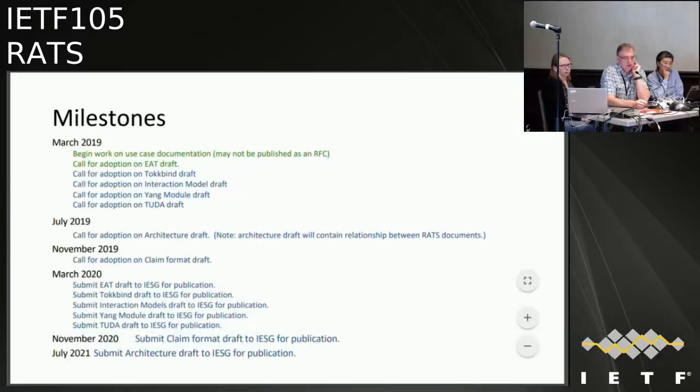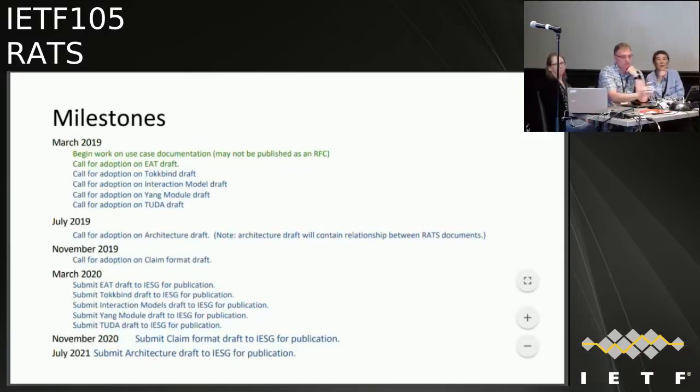In July 2019, we did the call for adoption for the architecture draft, which was delayed. So we anticipate making a call for that draft in this meeting or the next meeting tomorrow. We're going to be making a date change for the milestones that were supposed to happen in March, and then the AD will accept when the dates match.